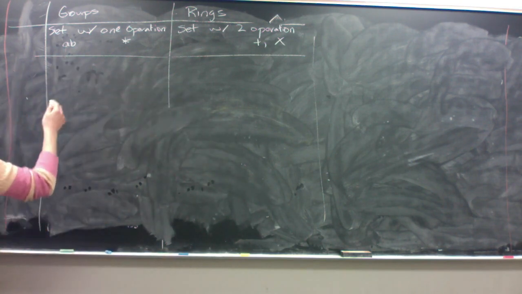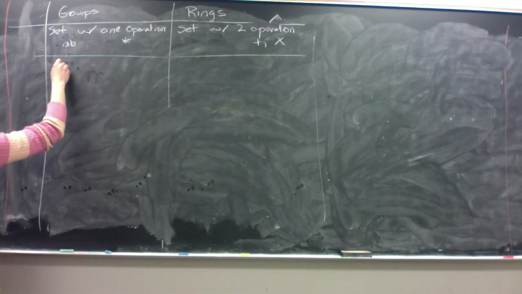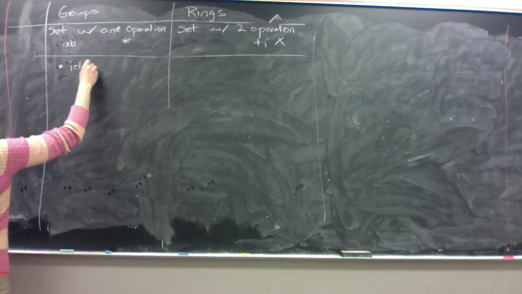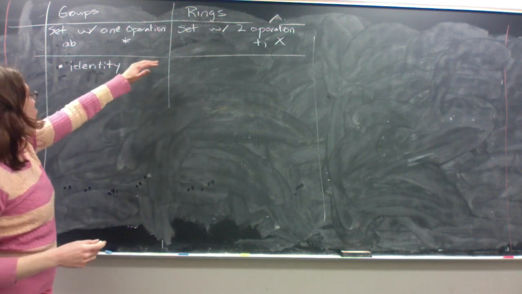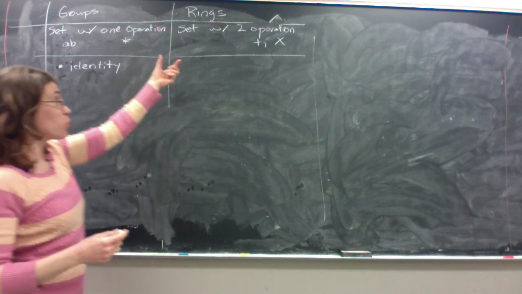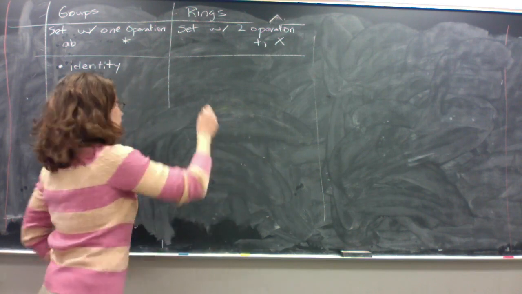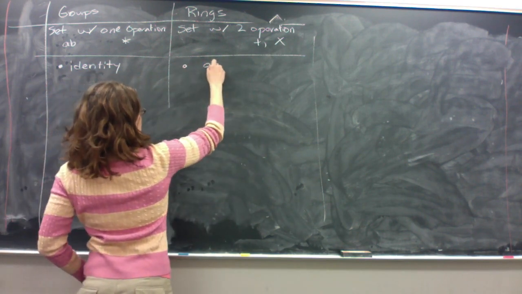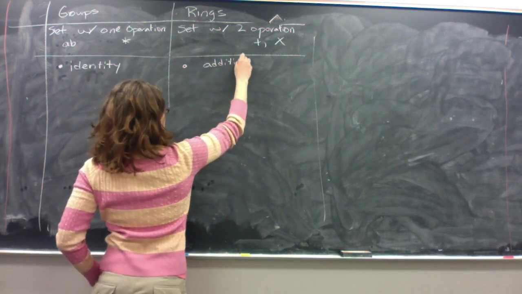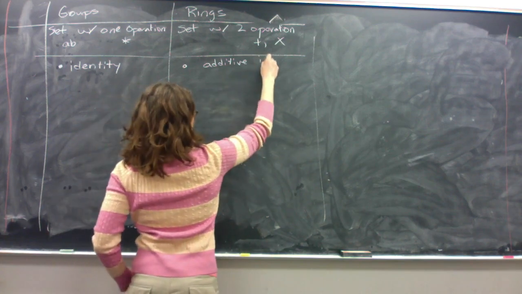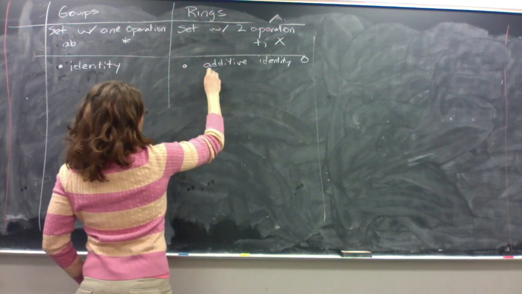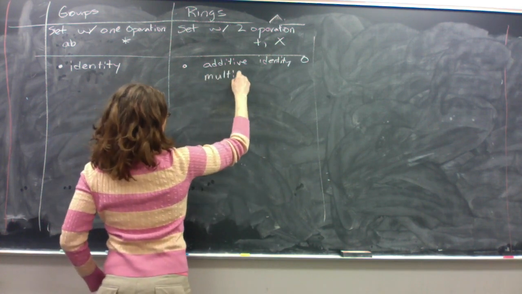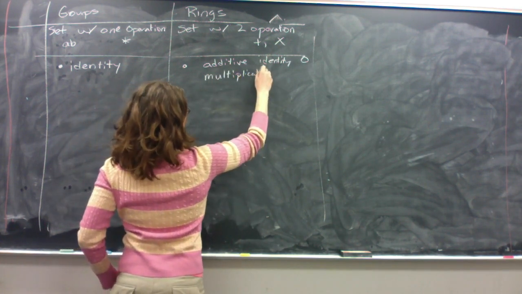In particular, a group must have an identity. When we looked at rings, our rings had to have both additive and multiplicative identities. We called the additive identity 0, and we called the multiplicative identity 1, usually.